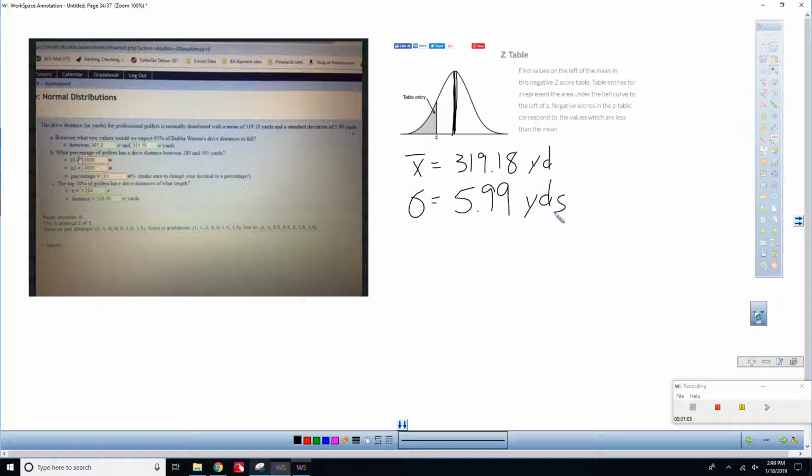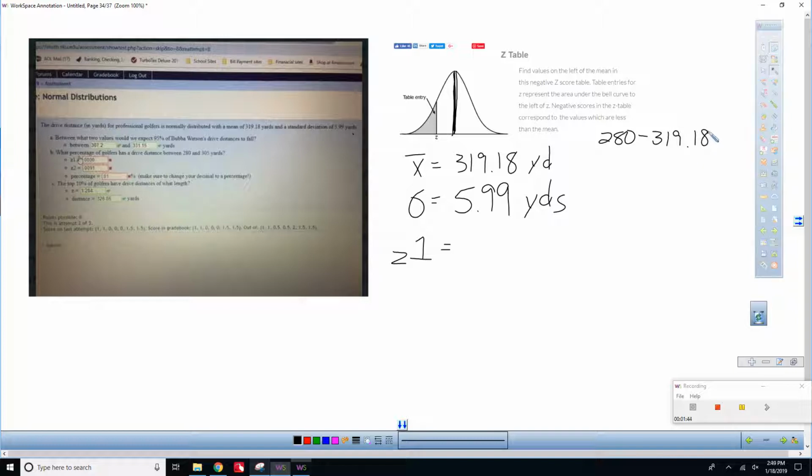So if you look at the first z-score, what you have to do to figure out the z-score is figure out how many yards away it is from the mean. This is going to be negative, so I should do it right. It would be the actual, so 280 minus 319.18, and so that's the difference.